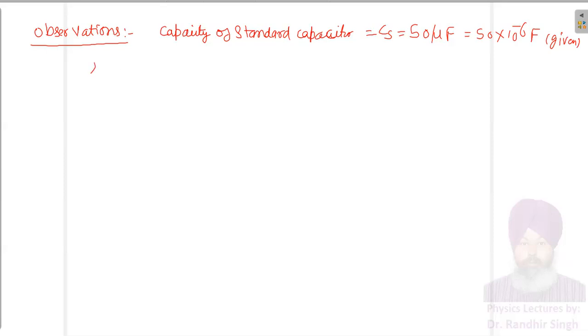Then least count of screw gauge. So I assume that you are mature enough to find its value yourself. But right now I will be using a screw gauge whose least count will be 0.01 mm. But when you attend this laboratory physically, you have to find these values yourself. Least count of vernier calipers.